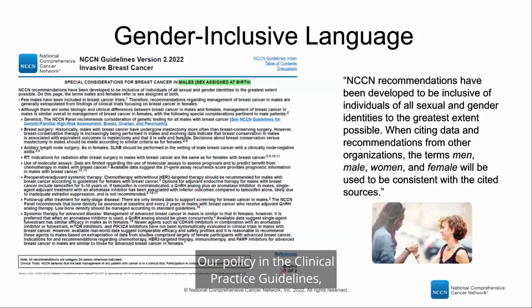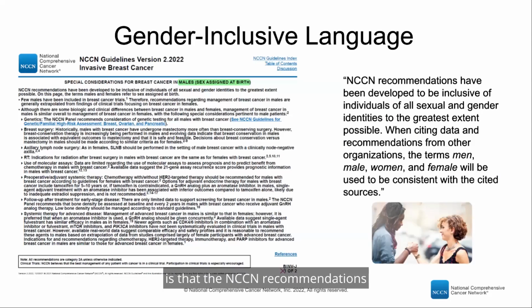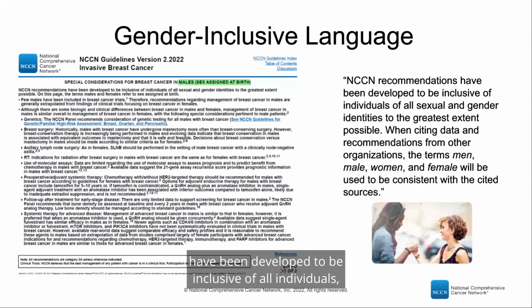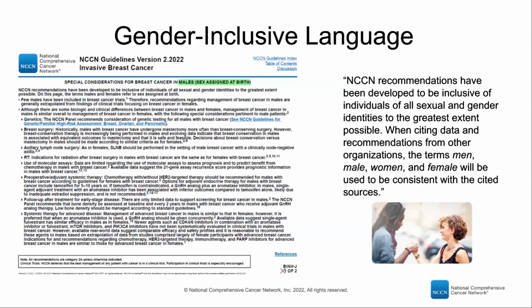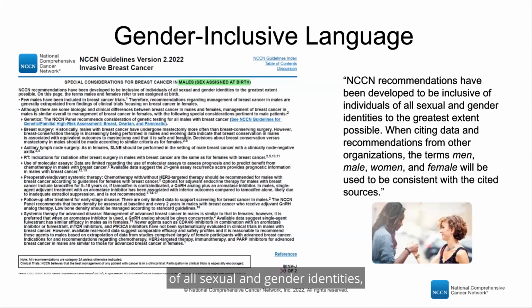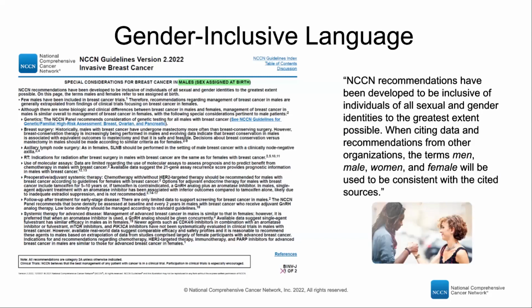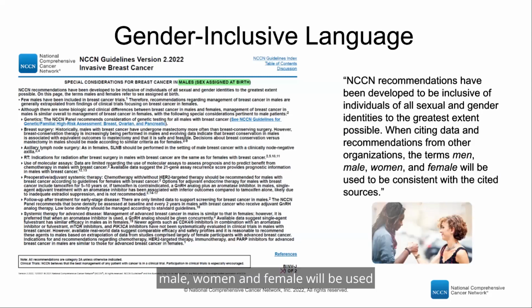Our policy in the clinical practice guidelines is that the NCCN recommendations have been developed to be inclusive of all individuals of all sexual and gender identities to the greatest extent possible. Right? When citing data and recommendations from other organizations, the terms men, male, women, and female will be used to be consistent with the cited sources.